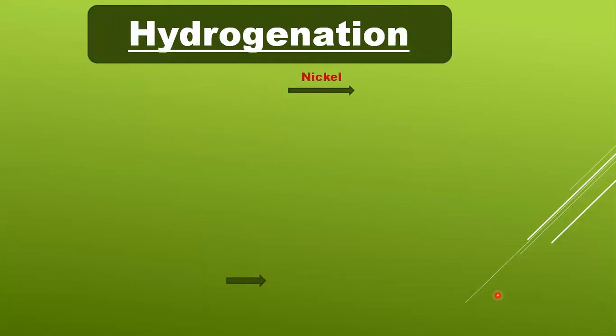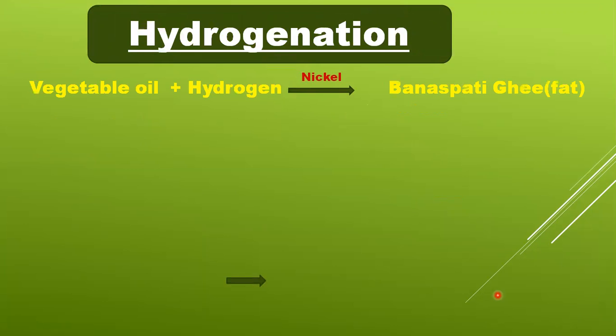Now come towards hydrogenation. Hydrogenation, class, is a chemical process in which we are able to convert vegetable oil into banaspati ghee by the addition of hydrogen and in the presence of nickel.